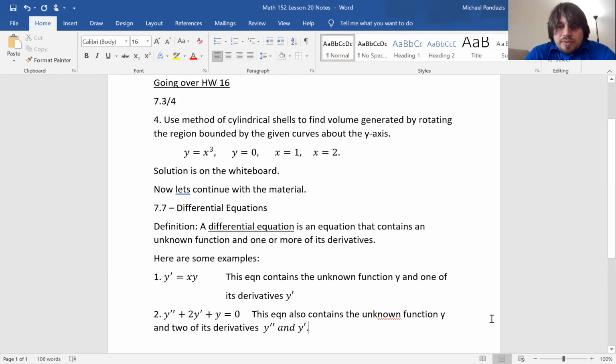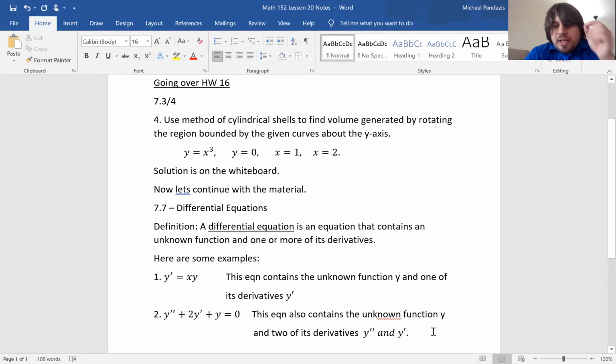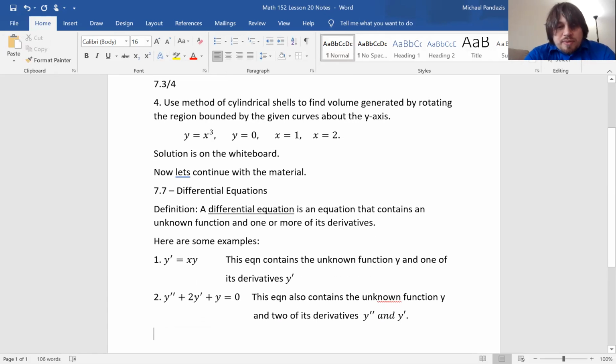By two of its derivatives, I don't mean the coefficients. I mean that the functions y double prime and y prime are in the equation. Those are its derivatives, its first derivative and its second derivative.